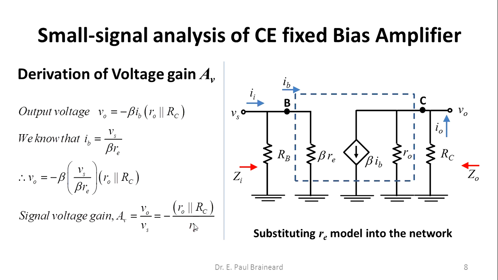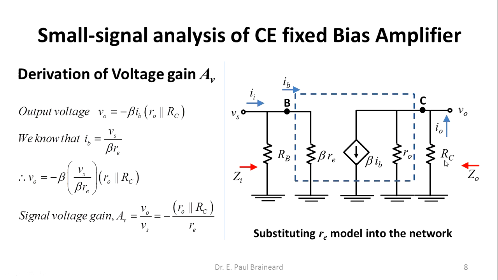Now we will look at the derivation of the voltage gain Av. The output voltage Vo equals the current flowing in the parallel combination of ro and RC. If you happen to see, the current beta Ib is flowing into the equivalent circuit formed by the parallel combination of ro and RC.